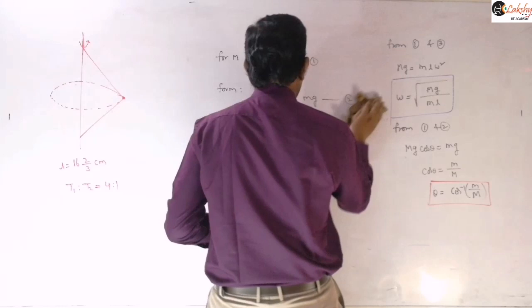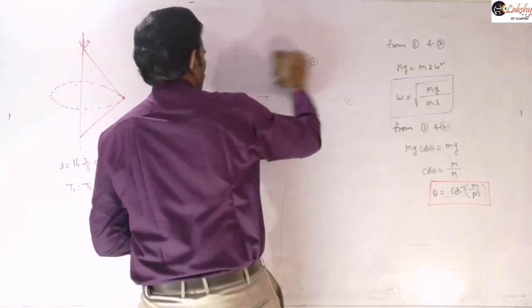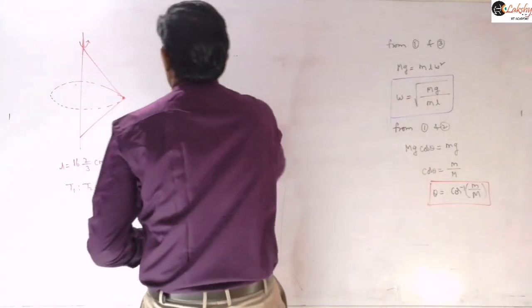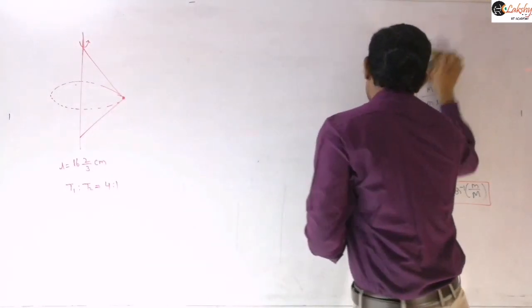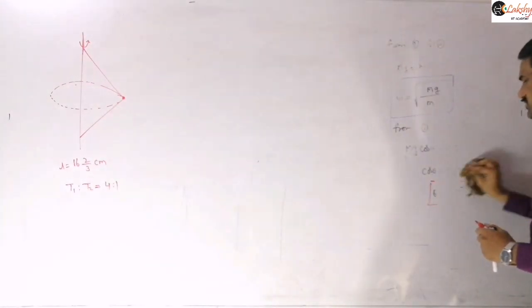Then find the angular velocity with which the block is revolved in the horizontal circle.